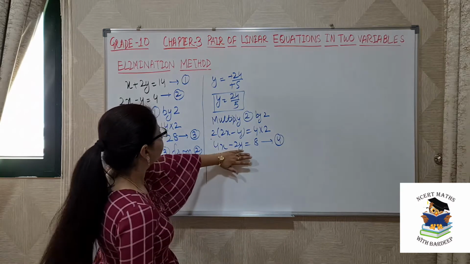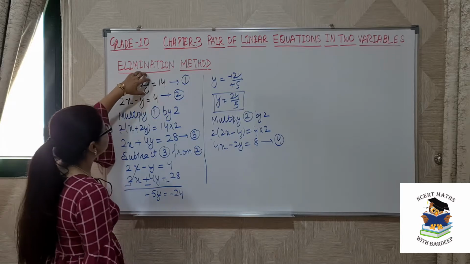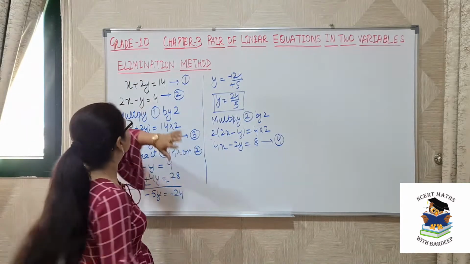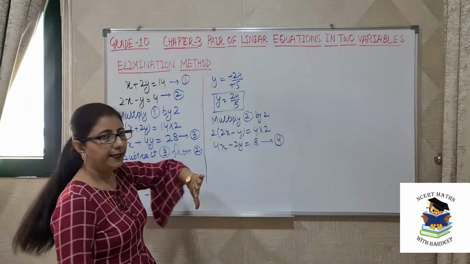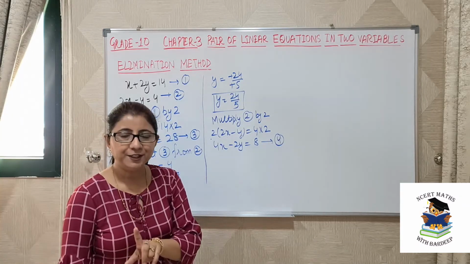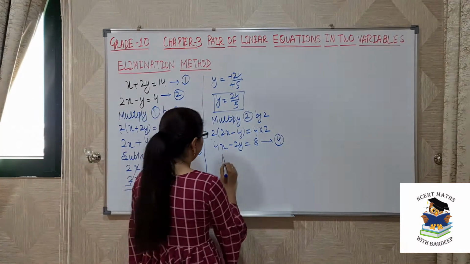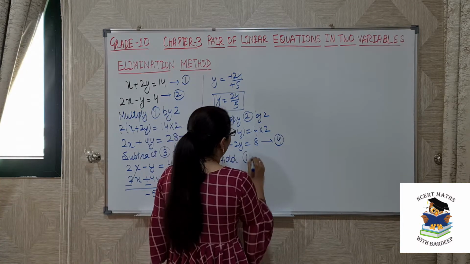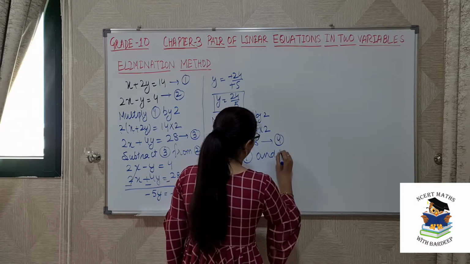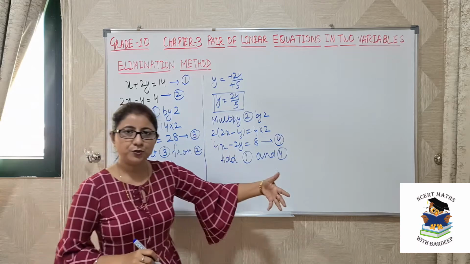Now see, this is 2y with negative sign, this is 2y with positive sign. So both are like terms with opposite sign. What I told you: when they are like terms with opposite sign, simply add them. So we will say add 1 and 4. Don't get confused about which equations to be added.